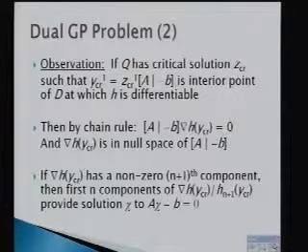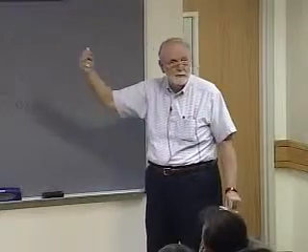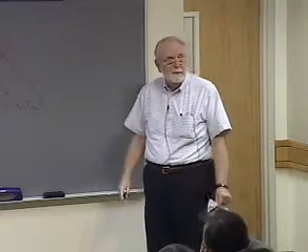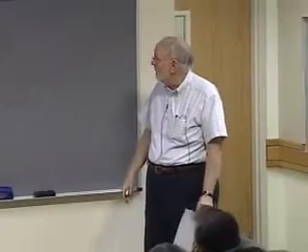All right. Now, that more or less explains what's going to come here. Observation. If Q has a critical solution, it would be z critical here, but the z critical would be mapped into the y critical, because remember, y is a linear combination of the rows of that special matrix with the components of z multiplying those rows.